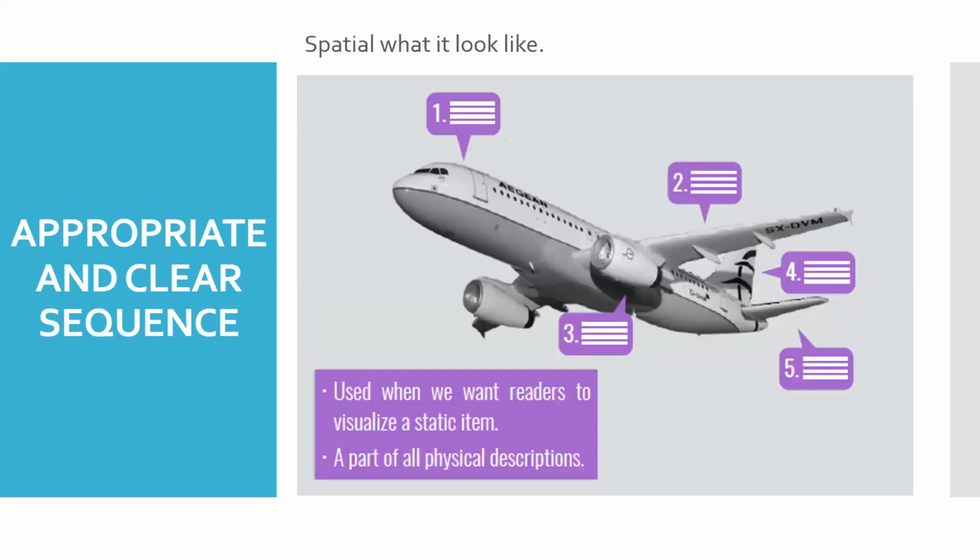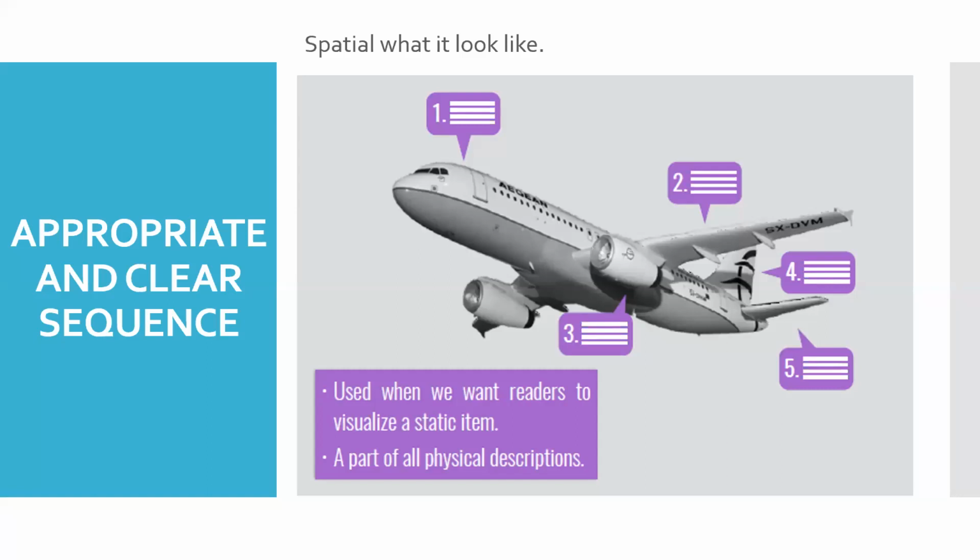Next, appropriate and clear sequence. Another word for sequence could be chronology, arranging in proper order. Arranging information in proper order. Now, if you can see the diagram that has been given, you see there's an order in which it is moving: 1, 2, 3, 4, and then the last part.